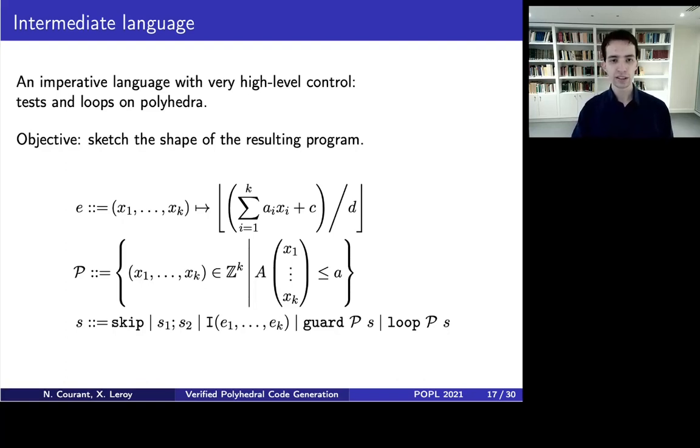To that end, it is composed of statements such as sequences, base instructions, but also guards, which are a bit like an if condition, but with a polyhedron, and loops, which are counted loops, but with bounds given implicitly by a polyhedron. These polyhedra are themselves represented as a conjunction of linear inequalities.